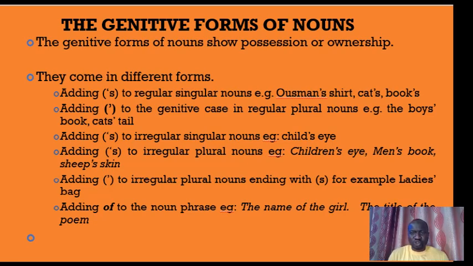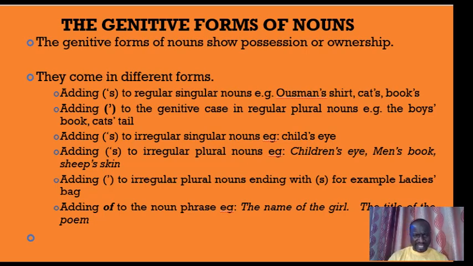So we have Osman's shirt, cat's item, and book's cover. This is the genitive of what you are showing. Cat's food, Osman's book, or book's cover.